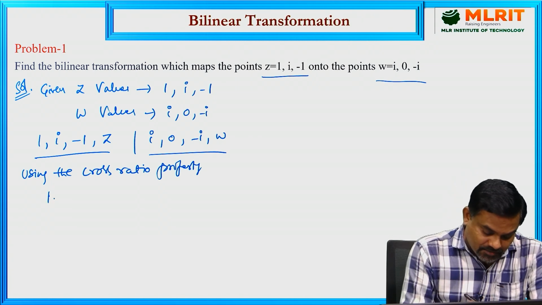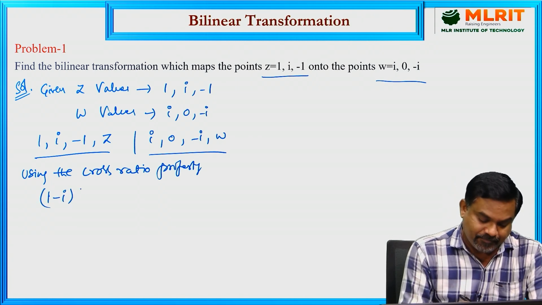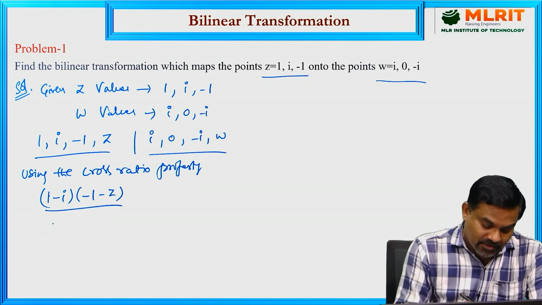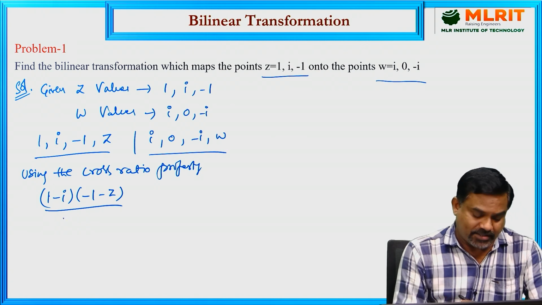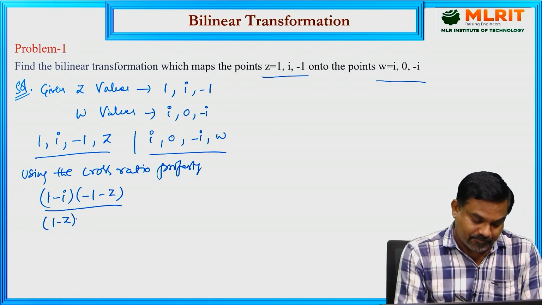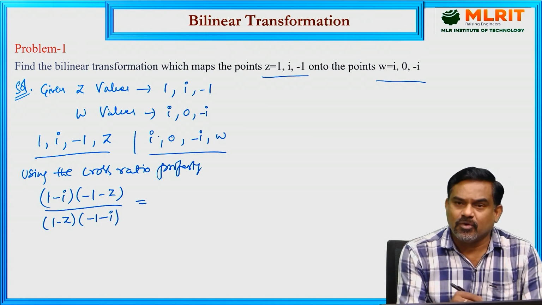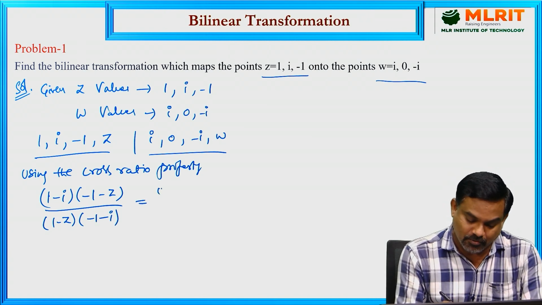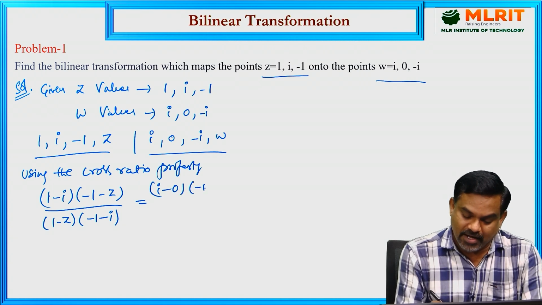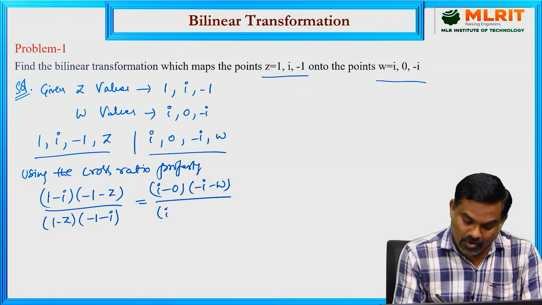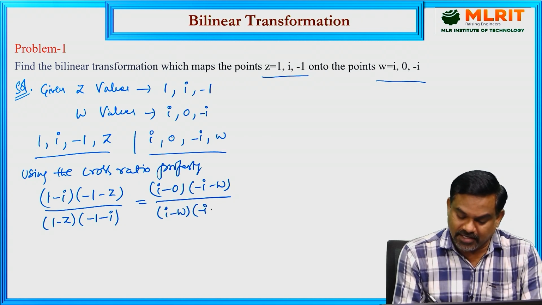So first minus second: 1 minus i, then third minus fourth: minus 1 minus Z, divided by, replacing the second and fourth points, first minus last: 1 minus Z, and third minus second: minus 1 minus i, is equal to the same for the W points: i minus 0, minus i minus W, which is 1, 2, 3, 4. Now 1, 4, 3, 2: i minus W, minus i minus 0.